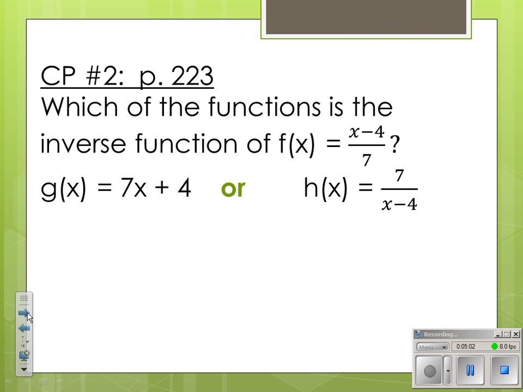So if we were looking at checkpoint problem number 2 on page 223, it asks us to do this. It gives us the f of x function, x minus 4 over 7, and it asks which of the functions is the inverse of it. Well, the only thing you can do is check. So if we were to check the first one, g of x, that would mean we want to do the composition of f of g of x.